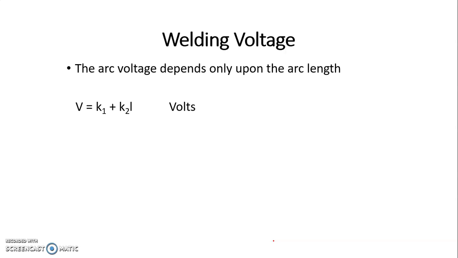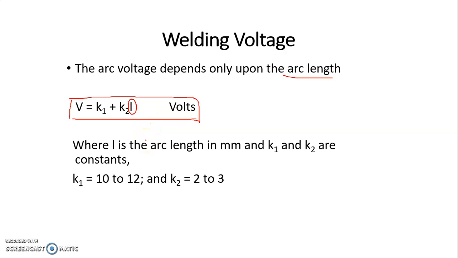Now the welding voltage. Arc voltage depends only upon the arc length. This is the linear relation of voltage versus arc length, where small l is the arc length in mm, and K1 and K2 are constants.